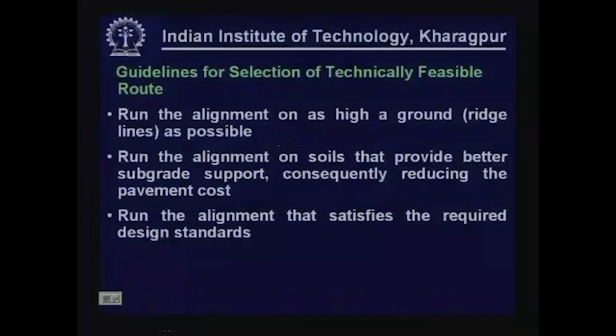Similarly, run the alignment on soils that provide better subgrade support, consequently reducing the pavement cost. You all know that pavement takes about 40% of the total construction cost.